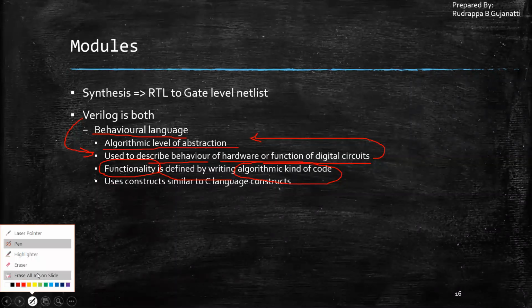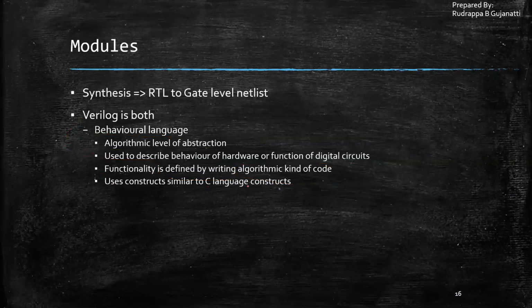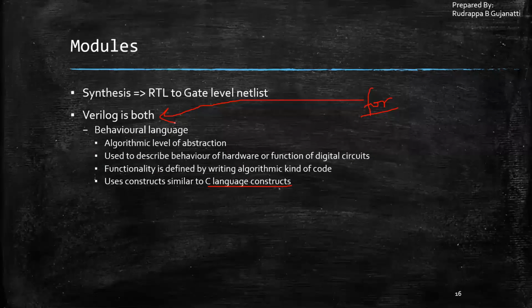We use constructs which are almost similar to the C language. For example, we make use of for. I can make use of a similar looping construct in Verilog.